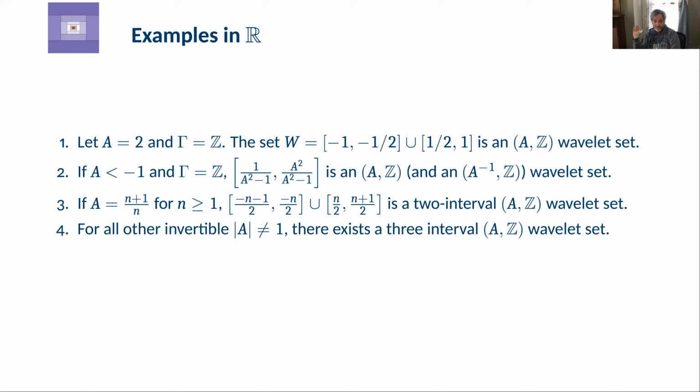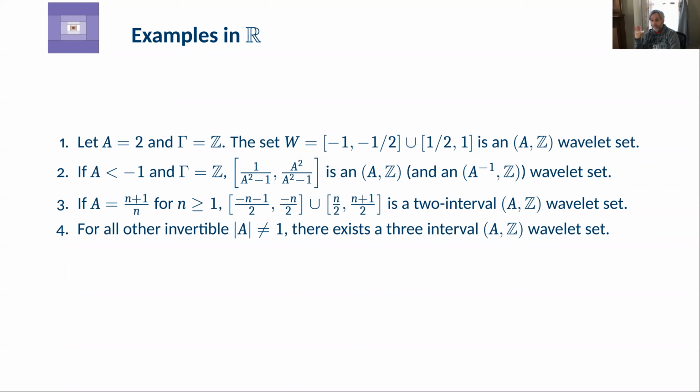It's huge. For example, if you took the sigma algebra generated by wavelet sets, it would generate at least the Borel sigma algebra. So there are a lot of wavelet sets. We're only writing down a few here, but there are a lot, and they're just everywhere in the line.